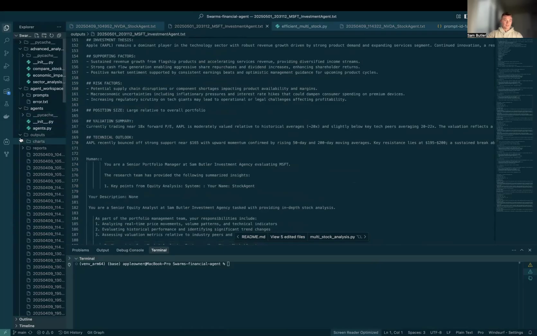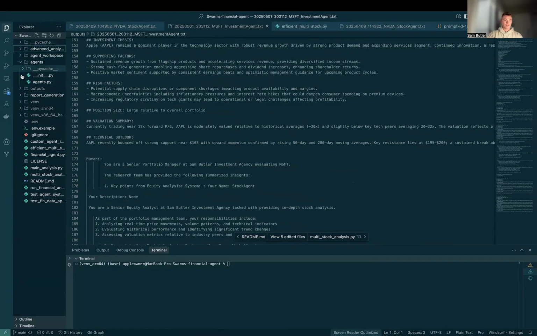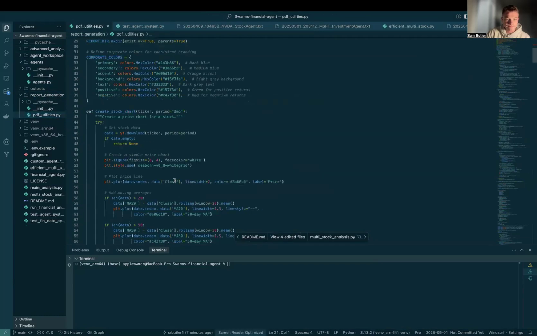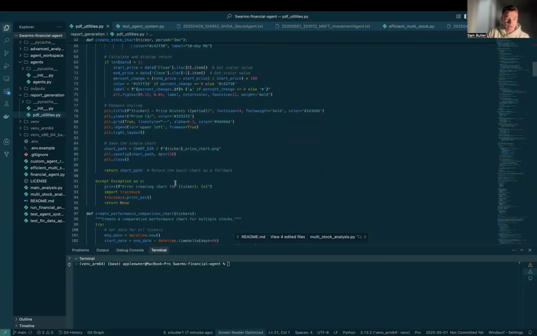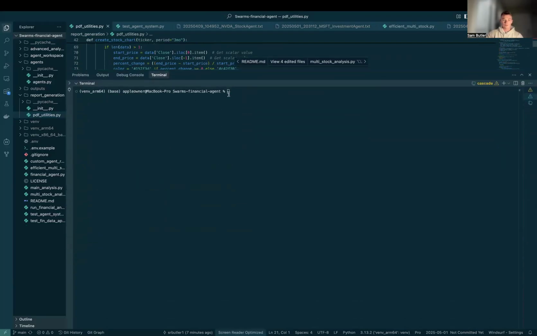I had this working for about 7 stocks, trying to work up to a full portfolio. I was just running into the token limits, but I'm sure if I was within an investment firm, the price they pay for tokens would be no issue. But yeah, we have the PDF utilities that let us make these reports and synthesize everything. We'll go and give this a spin here, see what happens.